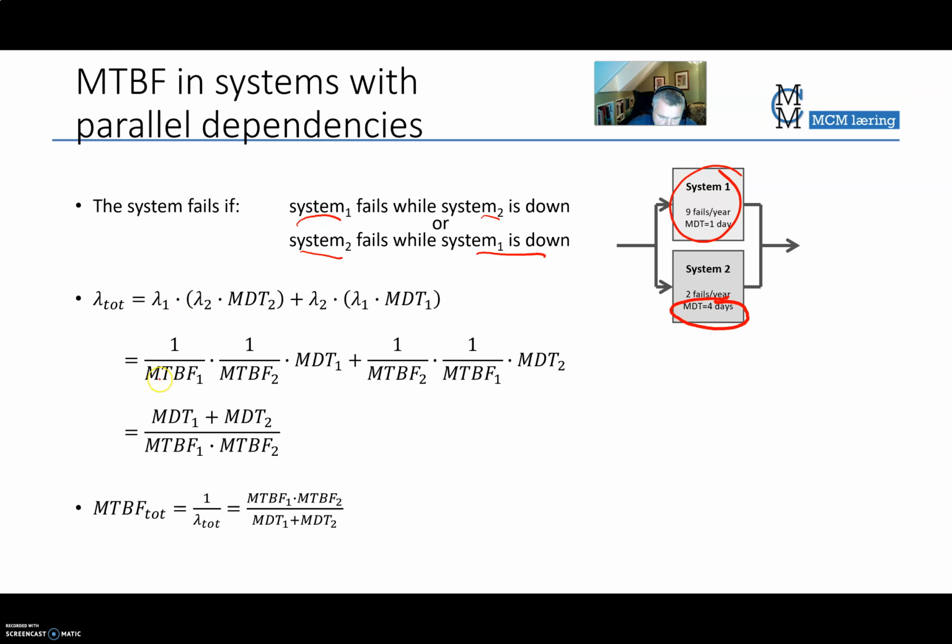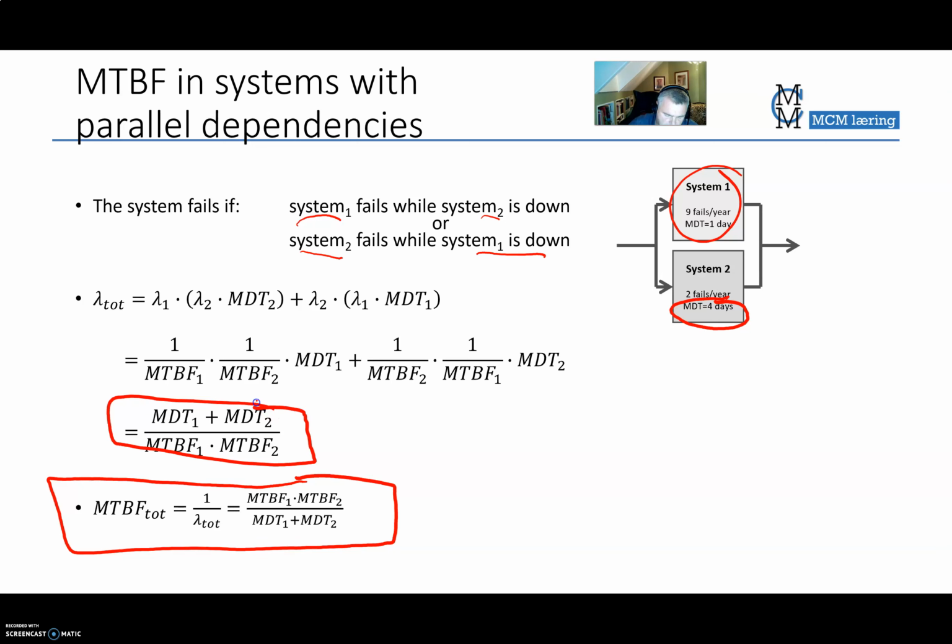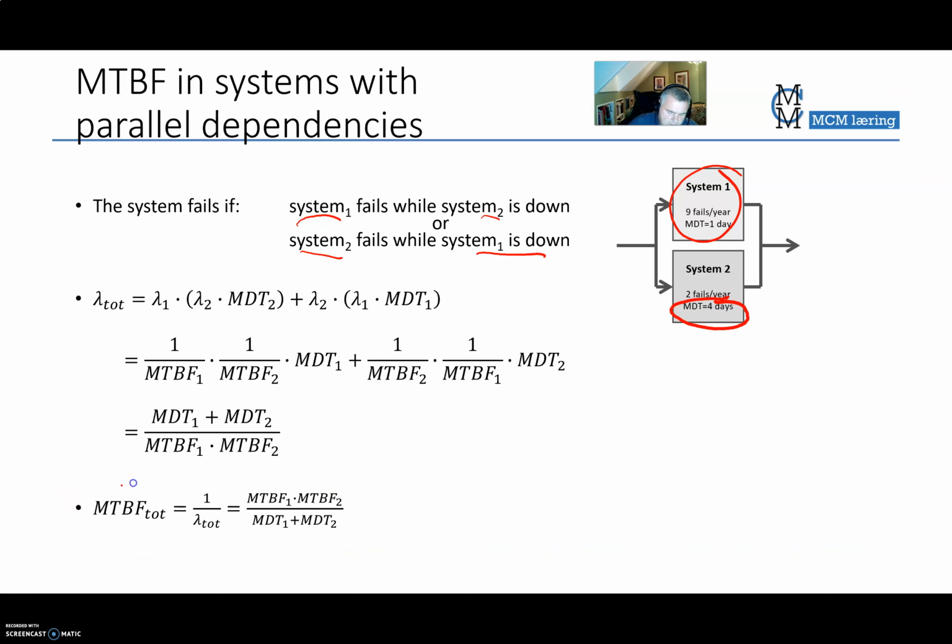So that would be lambda 1, lambda 2, mean downtime 1, and so on. So all in all, the overall lambda is the sum of mean downtimes over the product of MTBFs. And the MTBF, of course, is the inverse of the lambda.